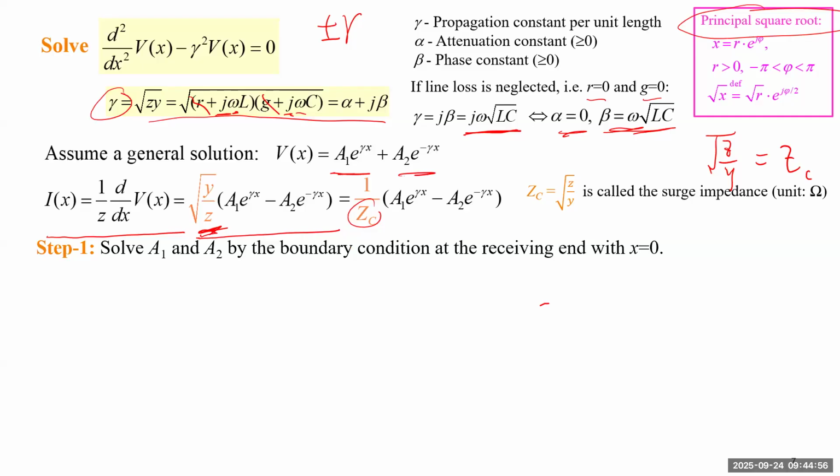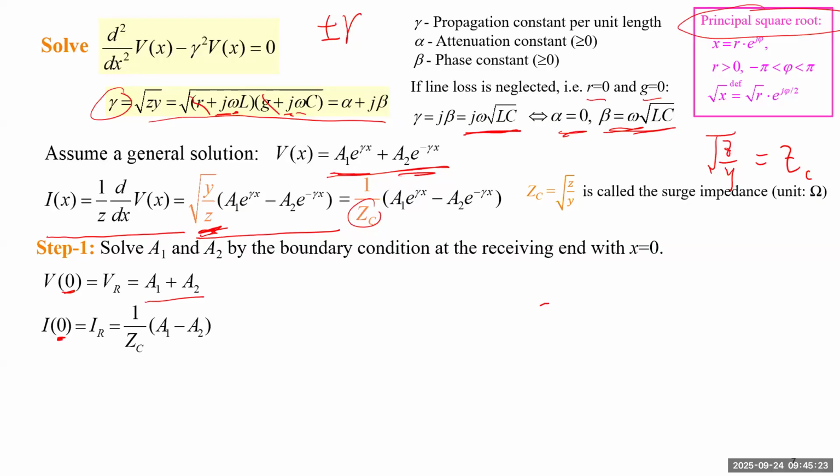Okay, step one, to solve the equation. We utilize the boundary condition at the receiving end, when x is equal to 0. On the equation of voltage, this will simply become A1 plus A2, because both exponential functions are equal to 1 now.